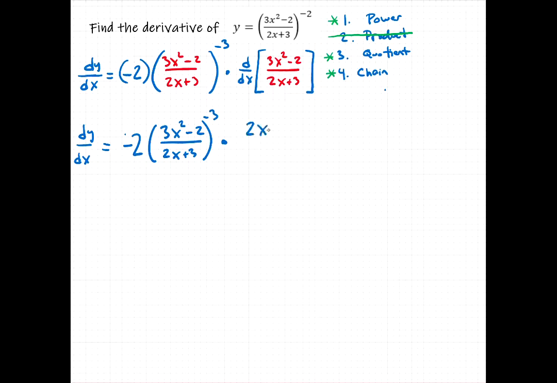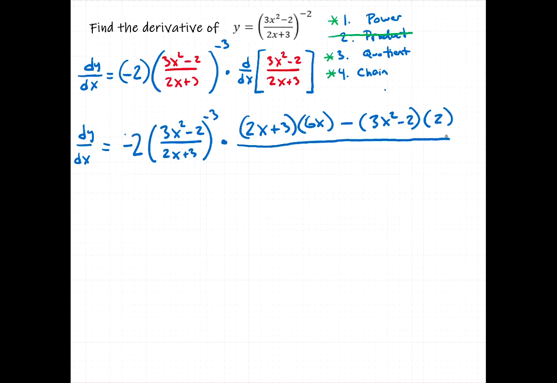So 2x plus 3, low d high, minus top, 3x squared minus 2, times the derivative of the bottom, which is 2. Derivative of 2x is 2, and the derivative of 3 is 0. And we will divide this by the denominator squared. So that's 2x plus 3 to the second power.